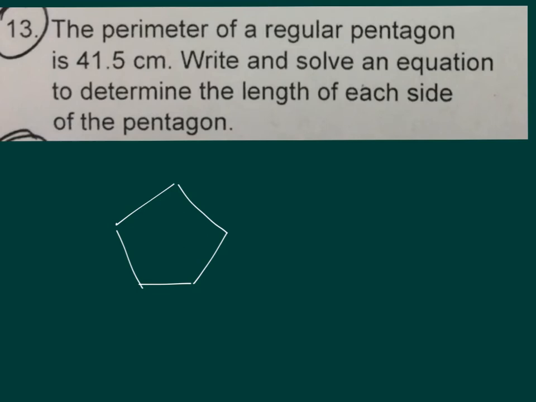Now in this particular problem, this is a word problem: the perimeter of a regular pentagon, so remember perimeter means all the sides added together, is 41.5 centimeters. When it says a regular pentagon, that means all the sides are the same. So let's name them all heart, instead of a variable.